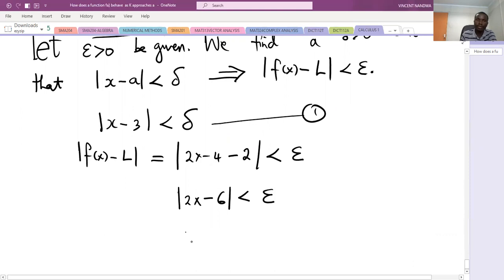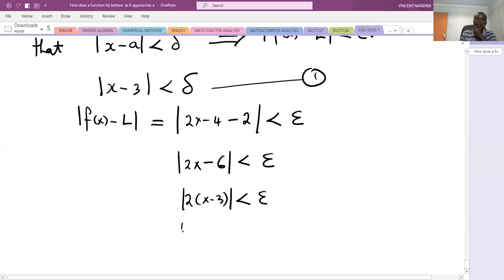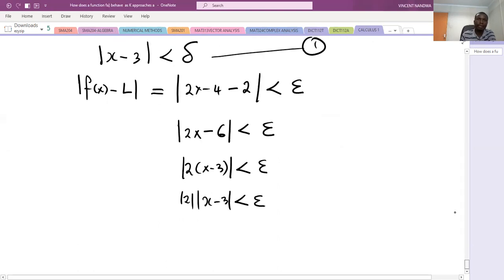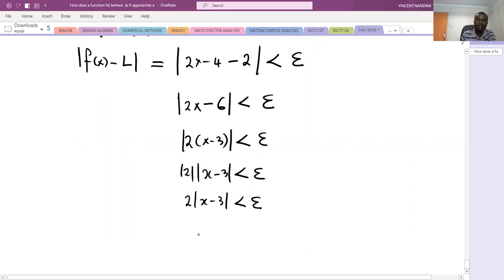You do factorization, 2 into x minus 3 is less than epsilon. So this is the absolute value of 2, absolute value of x minus 3 is less than epsilon. So 2 times absolute value of x minus 3 less than epsilon. And this means that absolute value of x minus 3 is less than epsilon over 2.